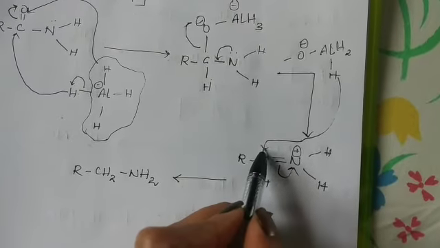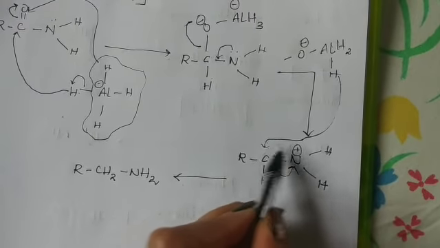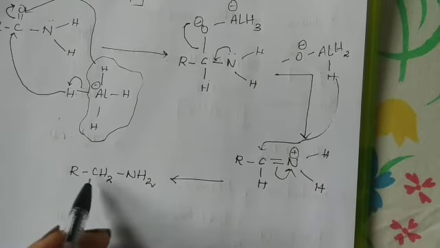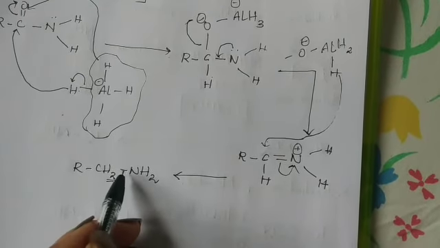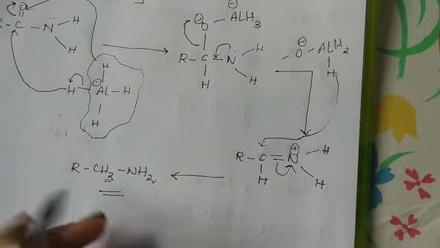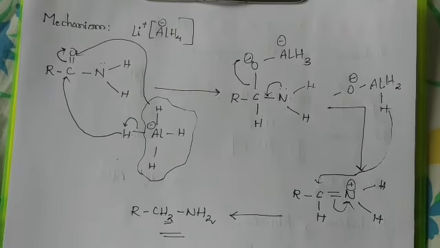One hydrogen comes and attacks the carbon atom, therefore it would result in 2 hydrogen atoms, and this is our structure for our amines. Therefore, that is the mechanism.